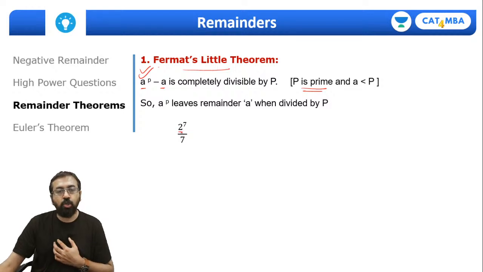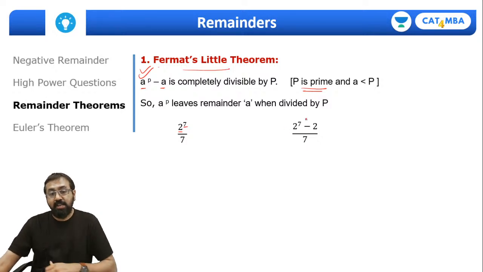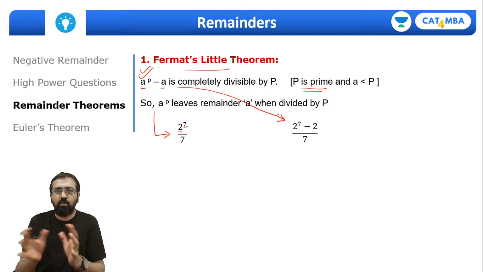If I take the number 2, I can also take 3, 4, 5, I can take any number, raised to this prime number 7. Divide by 7, what will be the remainder? And another question: 2 raised to 7 minus 2 divided by 7, what will be the remainder? Please check this, because this point relates to this one and this particular point relates to this one. Both of these are correlated.